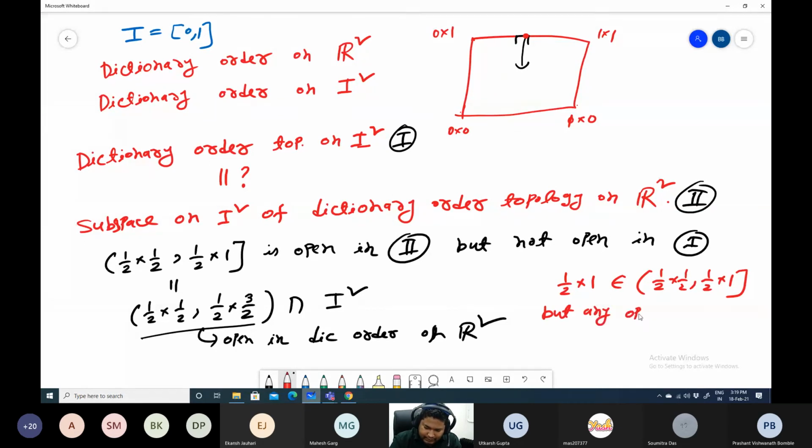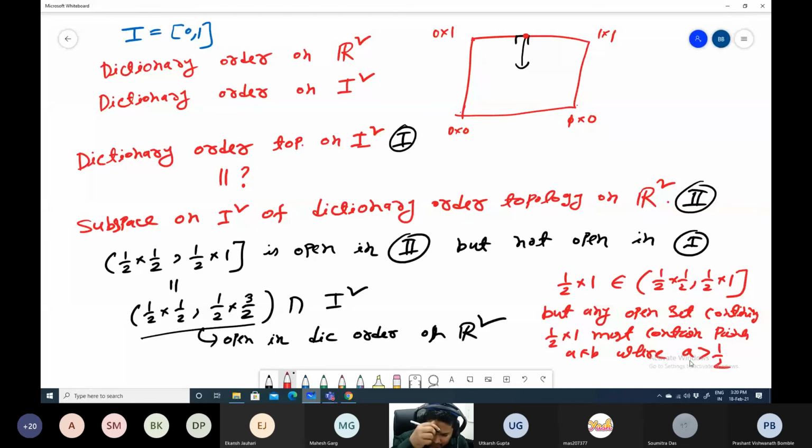But any open set containing this must contain points A cross B where A is bigger than half. That means if you take these points here and you want to find an open interval containing this point, then it will be something like this. It will be this kind of dictionary order and it will stop here.